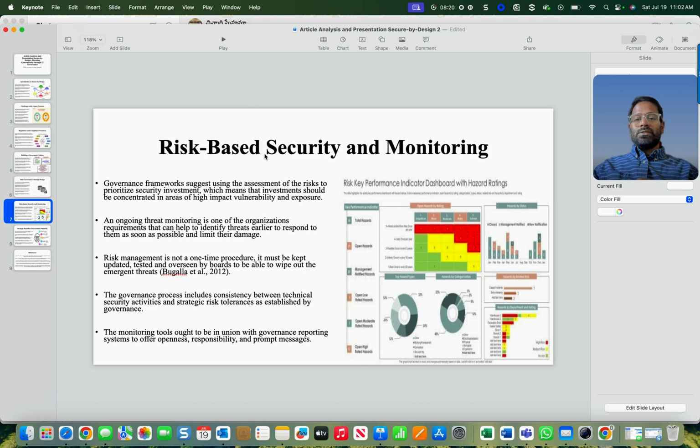Moving to the next slide, risk-based security and monitoring. What is risk-based security and monitoring? It prioritizes resources based on potential impact by focusing on the most critical threats.